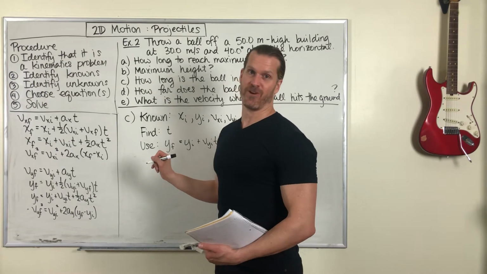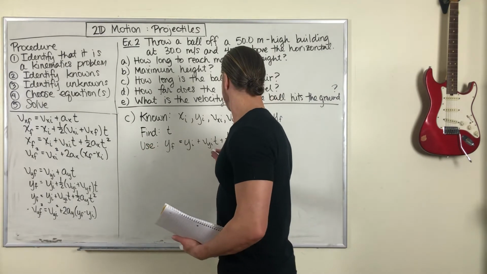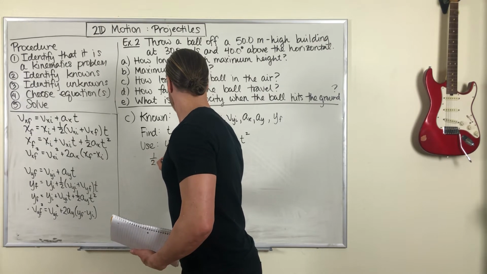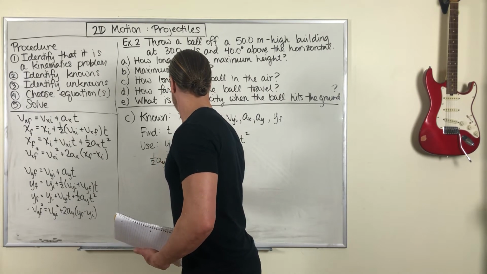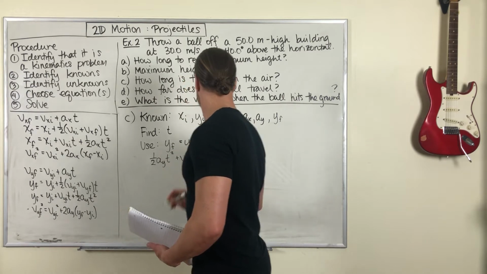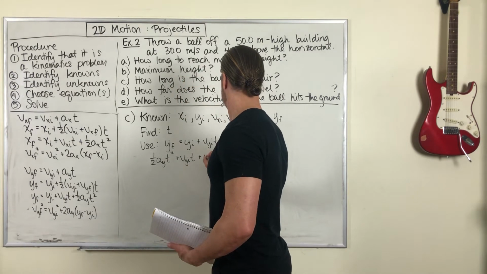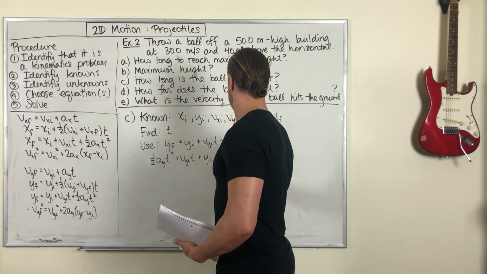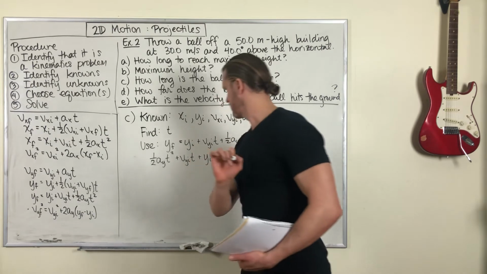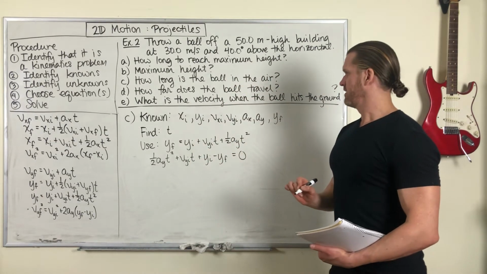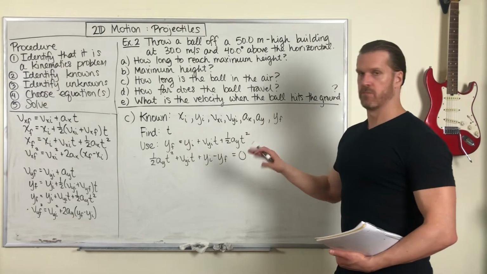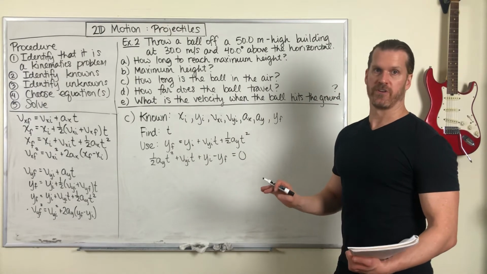See if you can follow along with my algebra. First, I'll move these terms around. So I subtracted y final from both sides and then just wrote the terms in a different order.